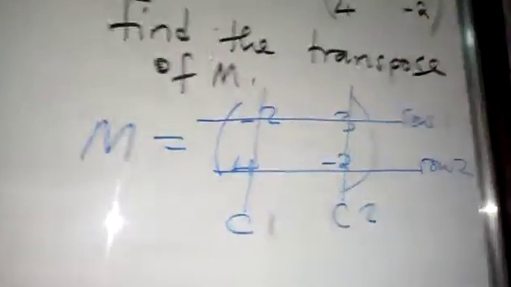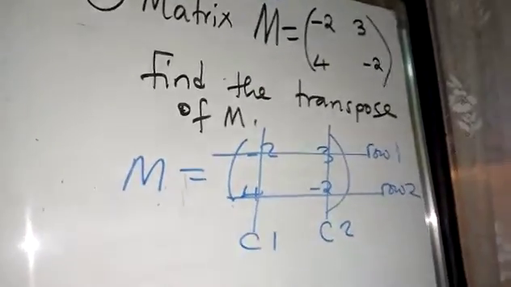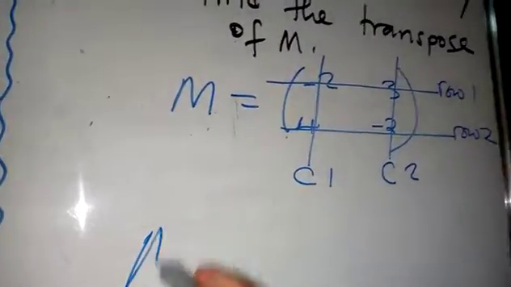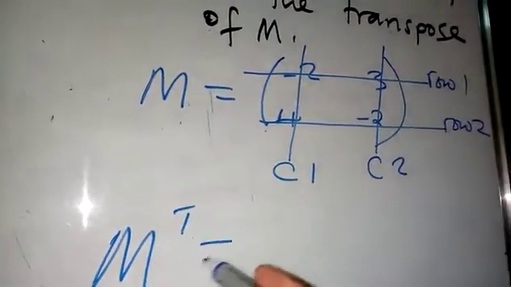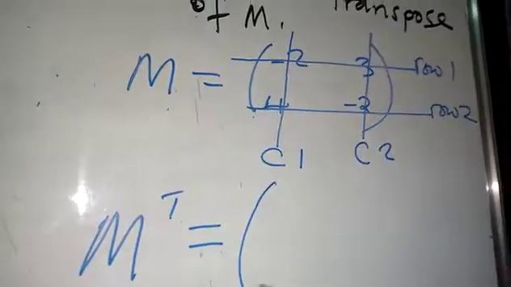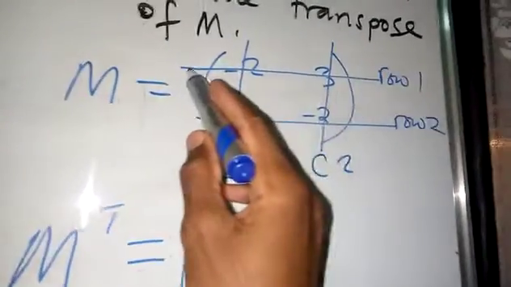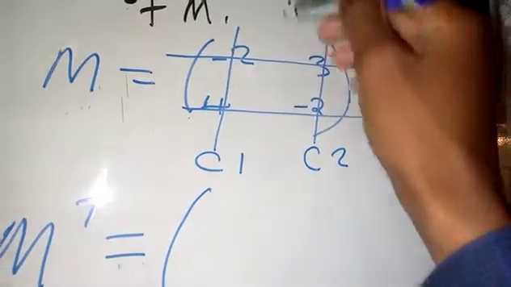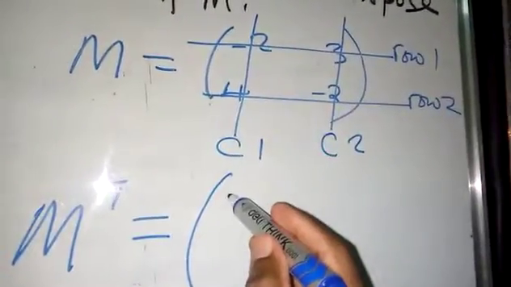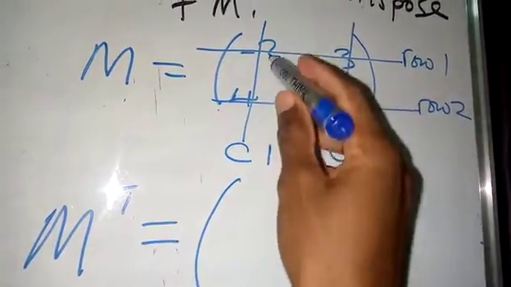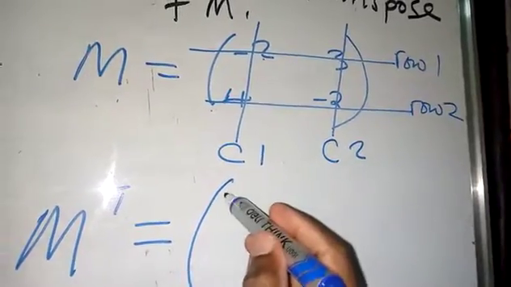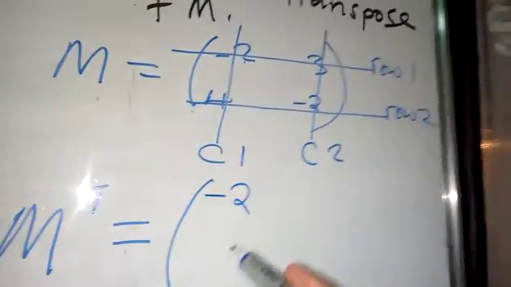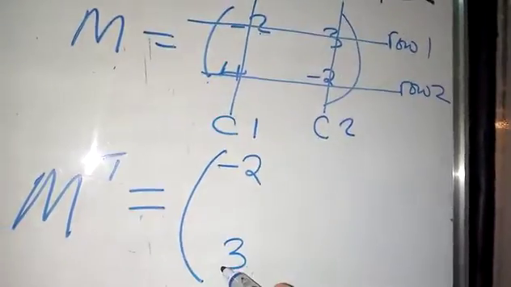So if we want to find the transpose, you just say transpose of matrix M is equal to, you open the bracket, then you say row number 1 will be column number 1. So you interchange row number 1, we have -2 and 3, so it will become column number 1.